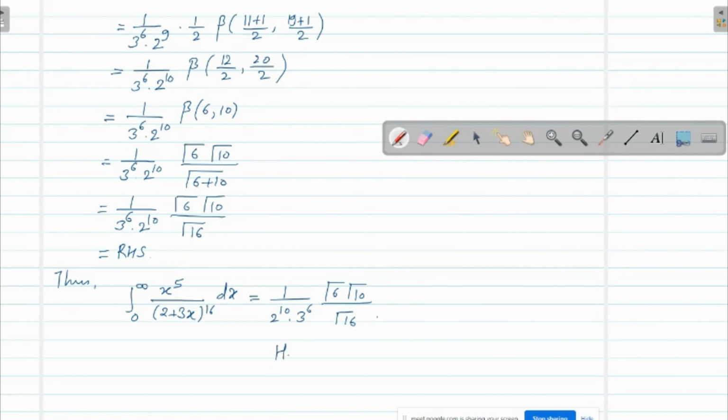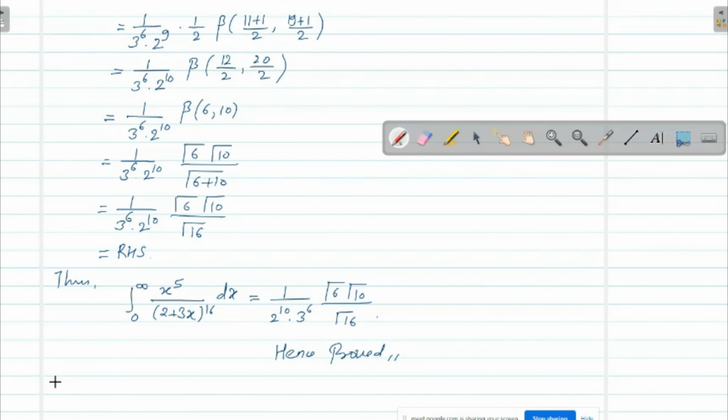Hence proved. Okay, like this. This is a very nice and very important problem, and this is one of my favorite problems. Okay, let us take two more problems for an exercise.